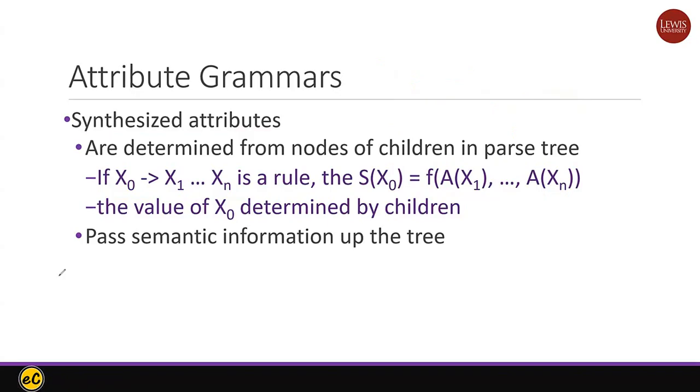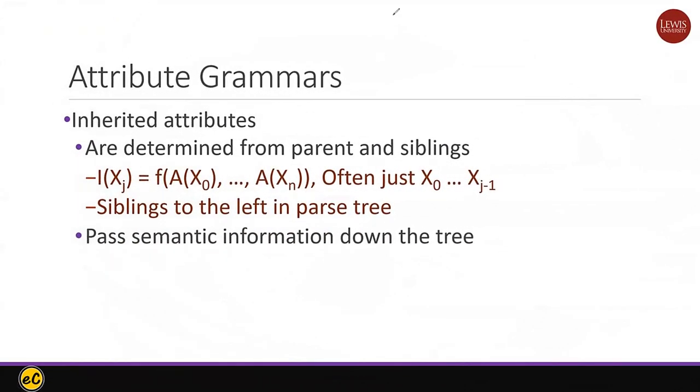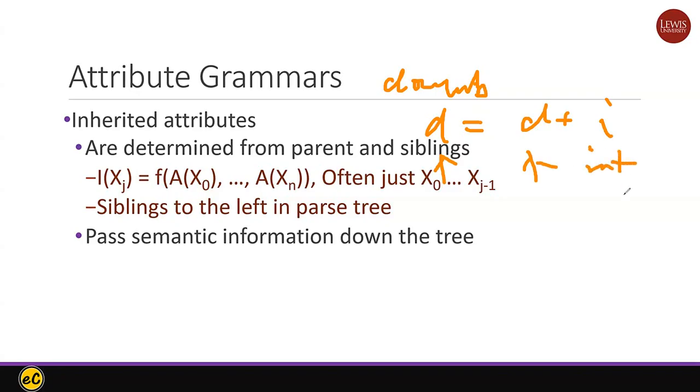Another one is the inherited attribute. That means your attribute is inherited from your parents and siblings. For example, you have a double, say D equals D plus I, where you have a double and an integer.